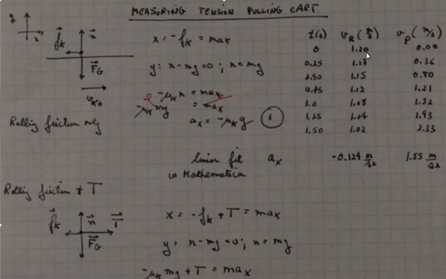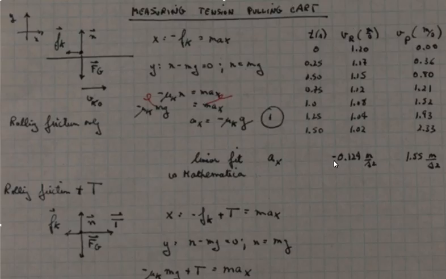But we also have data for when the tension is applied to the cart and both forces are acting. In this case, it starts at 0. The first thing I did was take this data and have Mathematica tell me what the best fit straight line was for the first two columns.